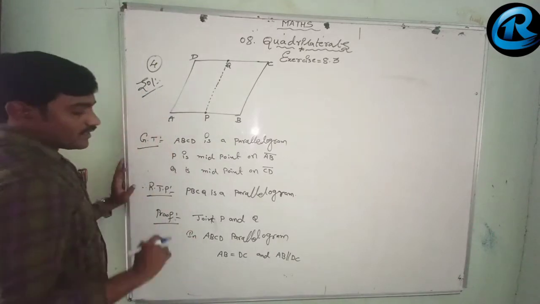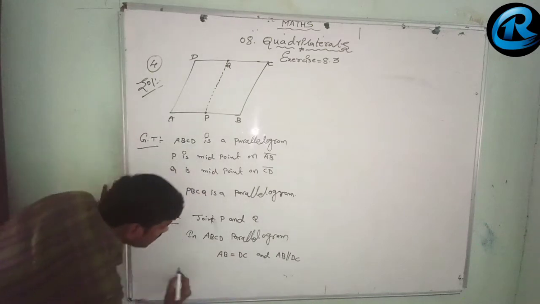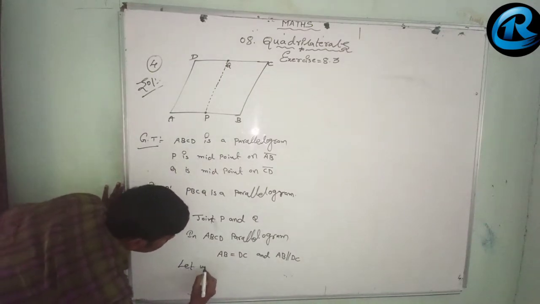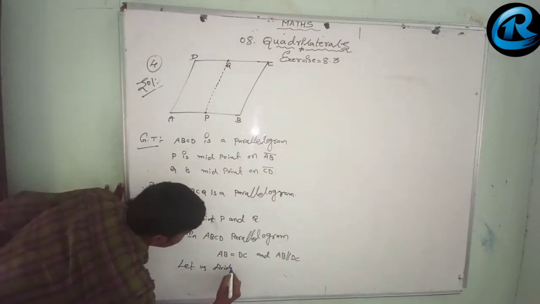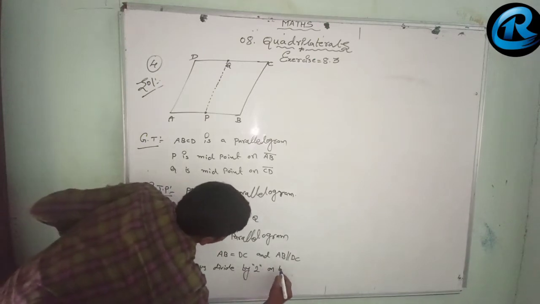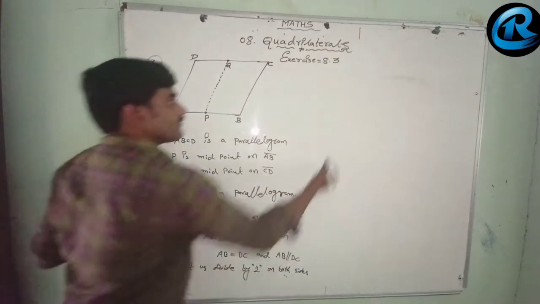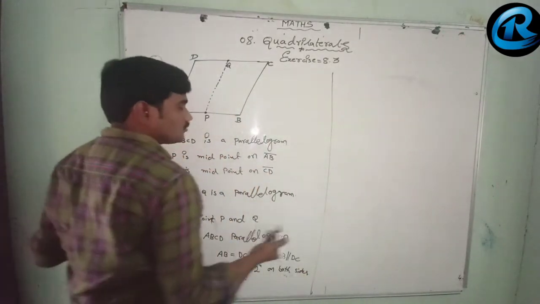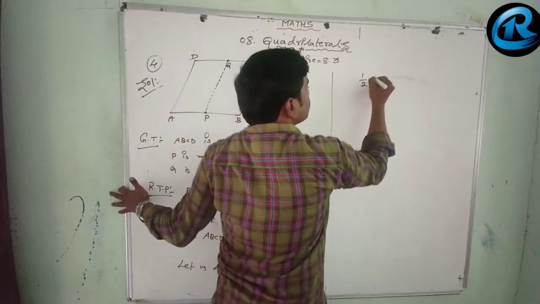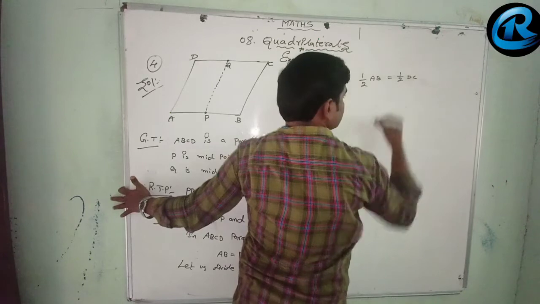So what do we do now? Let us divide by 2 on both sides. When we divide both sides by 2, we get 1 by 2 of AB is equal to 1 by 2 of DC.